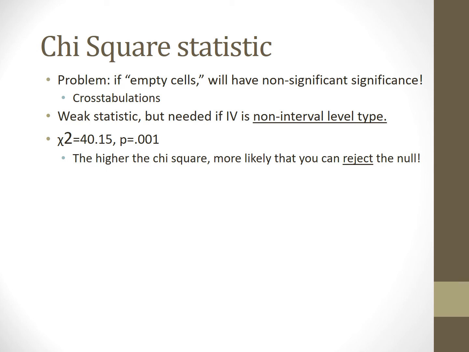So like I just talked about with that table we saw that had 15 and under with empty cells, if you have empty cells, you will get a significant chi-square. But it doesn't matter, which is why I'm saying the cross tabulations, it can be a problem.